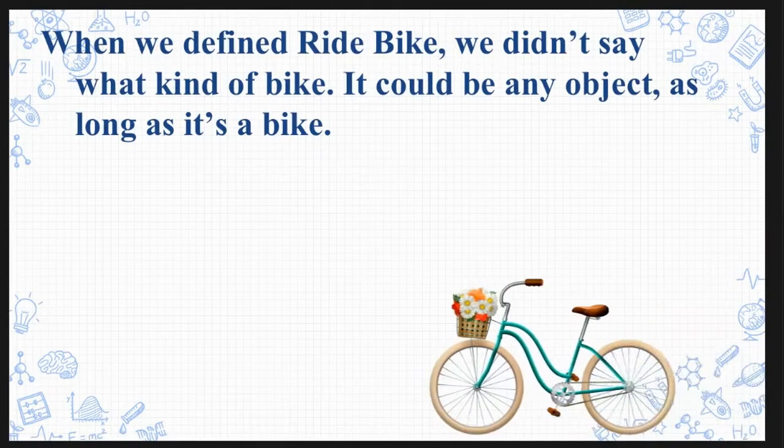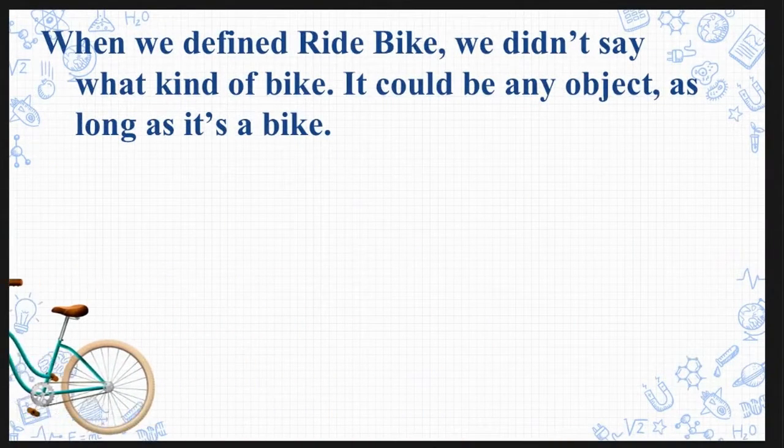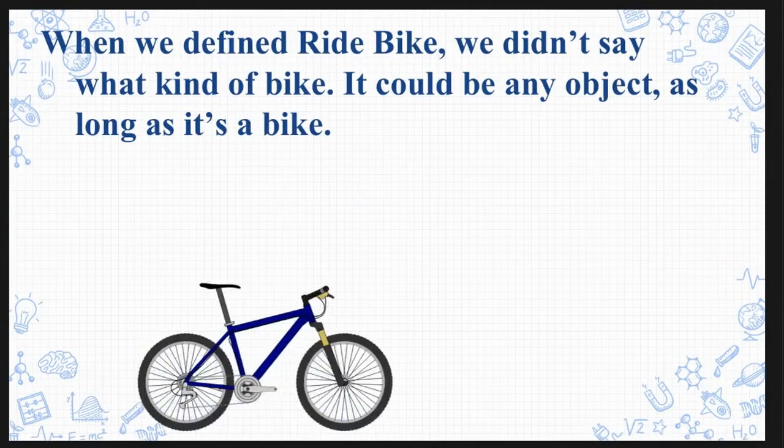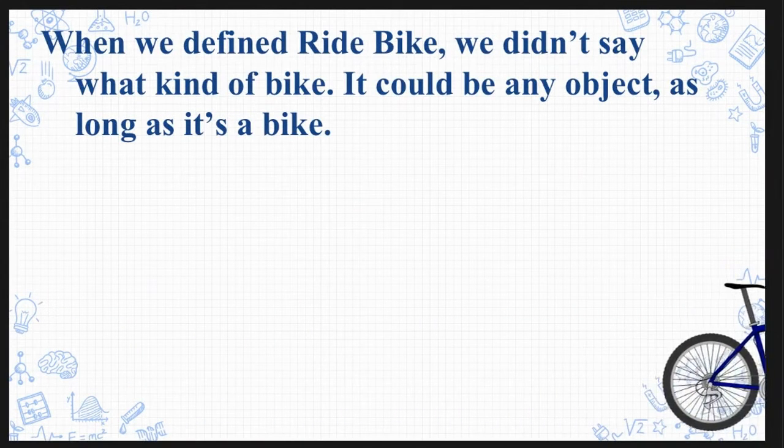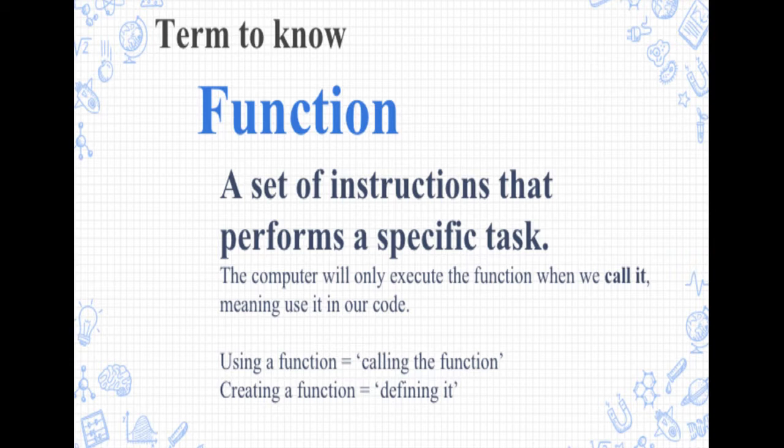When we defined ride bike, we didn't say what kind of bike. It could be any object as long as it's a bike. So to review, a function is a set of instructions that performs a specific task. The computer will only execute the function when it is called, meaning when we use it in our code.